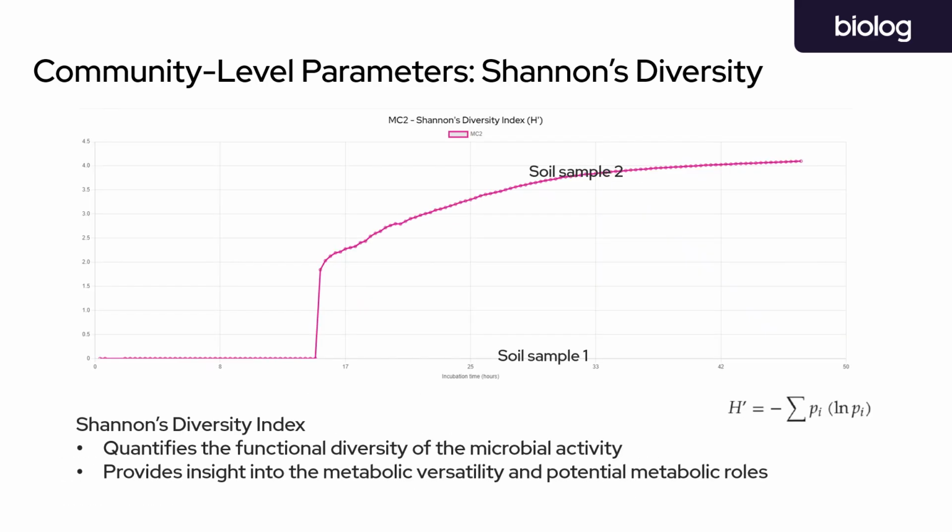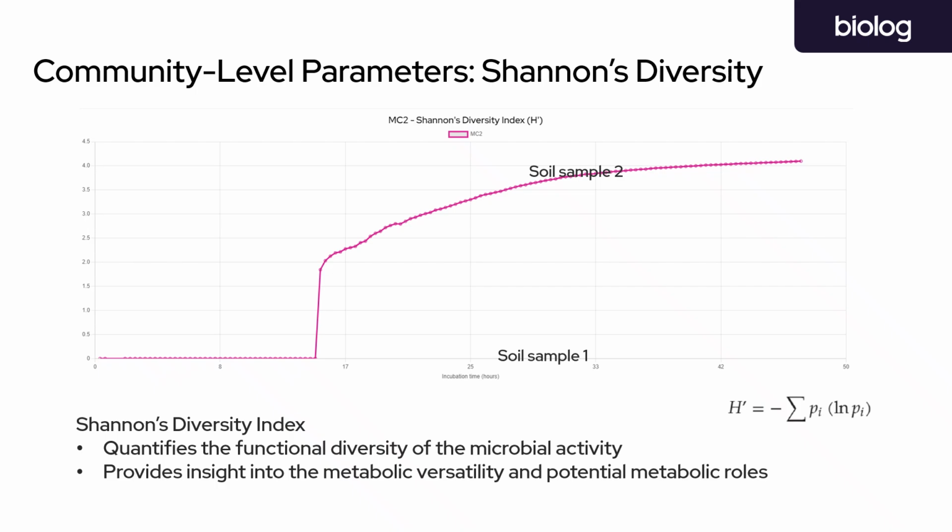You can also use Shannon diversity, and Shannon diversity reflects the breadth of substrate utilization. So higher diversity means that a community can metabolize a wider variety of substrates, and you can interpret it as metabolic versatility, right?